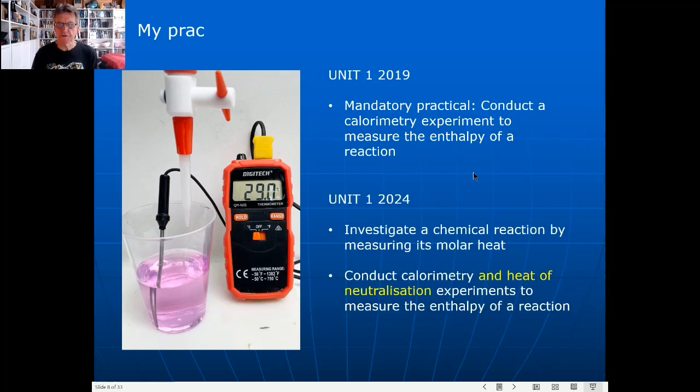In the new syllabus, molar heat again, but also there's an experiment where we should be doing calorimetry and heat of neutralization experiments. So it's sort of saying you have to do a neutralization rather than just measuring something dissolving or whatever you're doing earlier. Okay, let's move on.